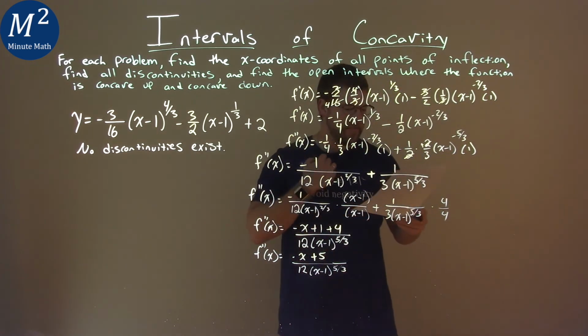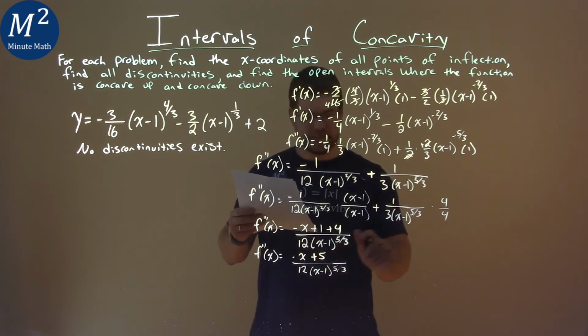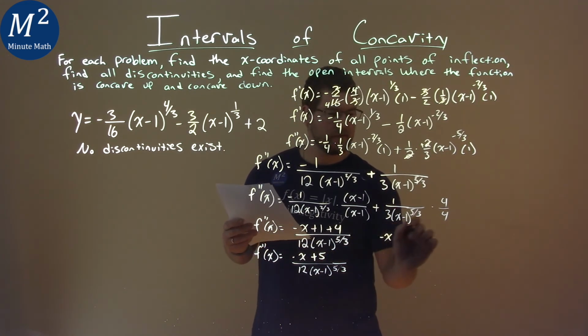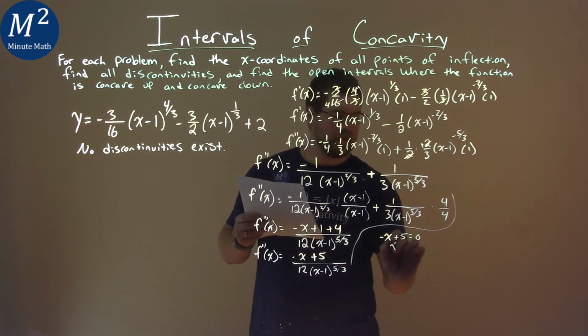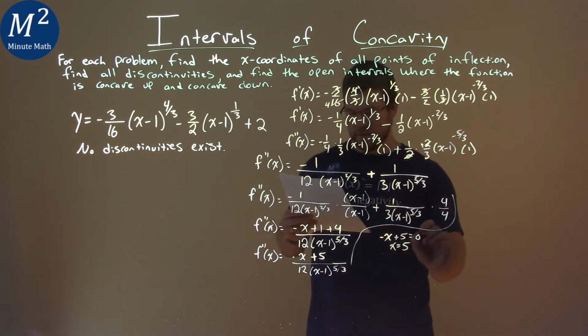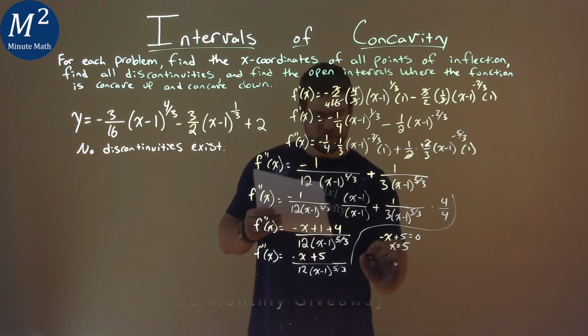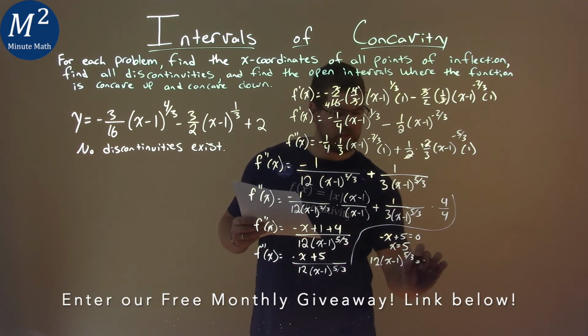Let's go find points of interest here, critical points here. So negative x plus 5, I'm going to set that numerator equal to 0. Negative x plus 5 equals 0. And that comes out to be, well, x equals a positive 5. What about the denominator? Same thing. I'm going to set 12 times x minus 1 to the 5/3 power equal to 0.